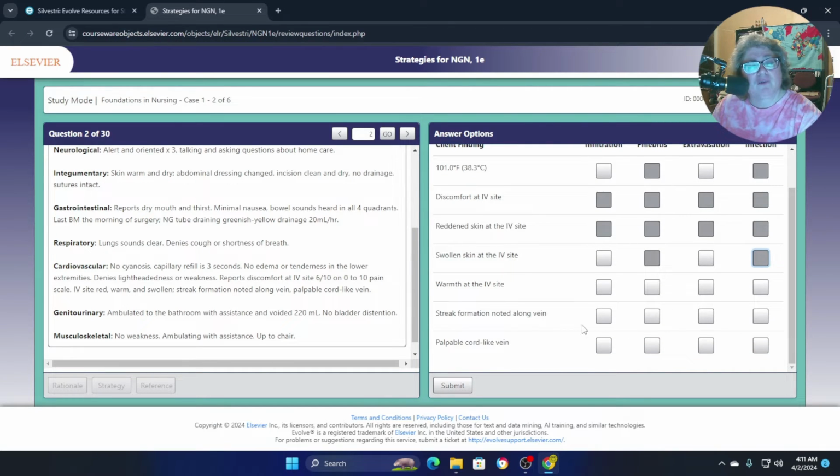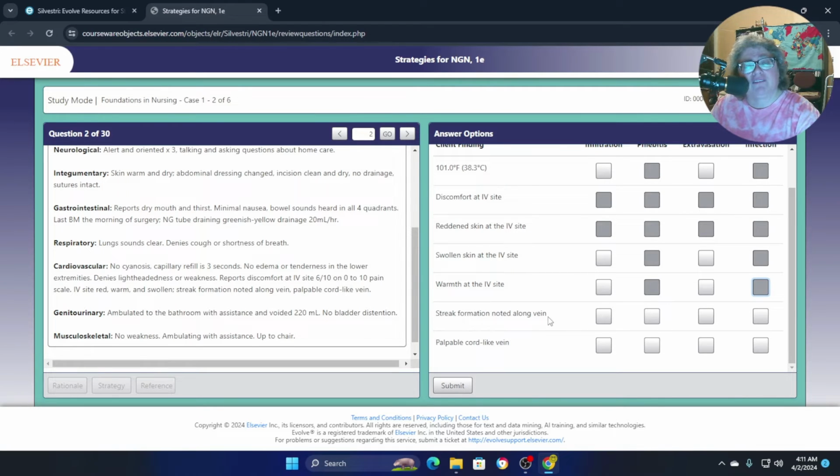Let's see what else we have. Warmth at the IV site. Excuse me. Warmth at the IV site. That could be due to, I think the phlebitis, possibly infection.